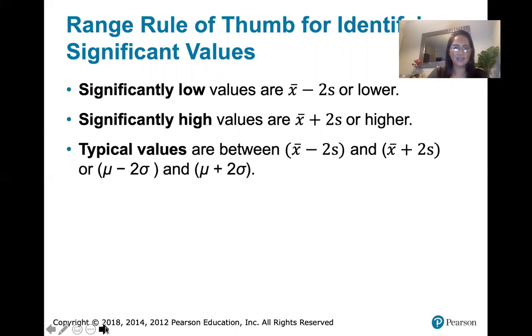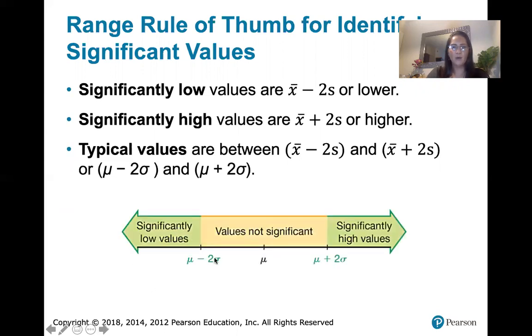I think this is easiest to see if you look at it graphically. We're going to say that any value that is within 2 standard deviations of the mean is typical or not particularly significant. It's what we would expect. So if we're looking at our population mean here, any value that is within the population mean minus 2 standard deviations and the population mean plus 2 standard deviations, we're going to say that's typical, normal, ordinary, not particularly significant.